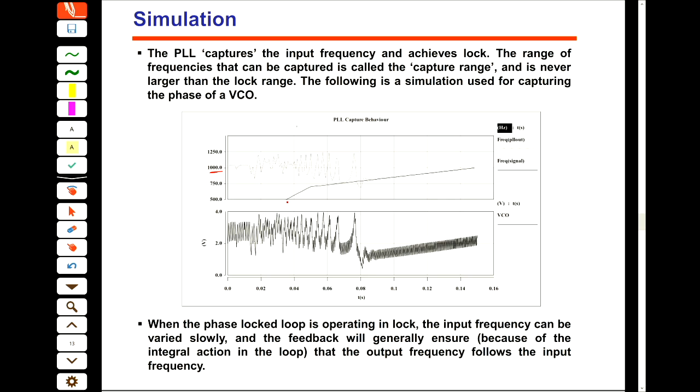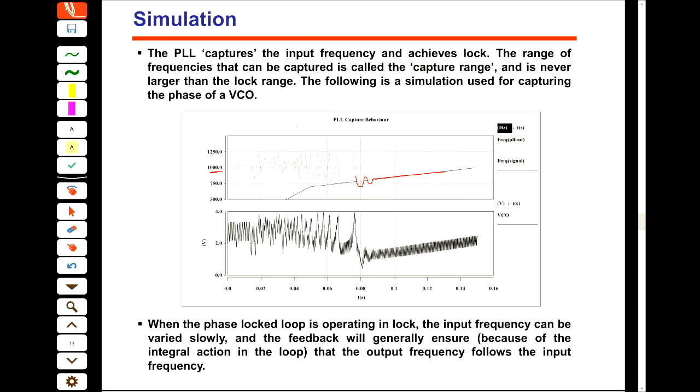So assume that we are generating a signal of 500 hertz, and then this one is far away. And you see that it cannot get locked. I mean, the output frequency is changing. But when we are approaching this, for example, around here, then you see that we get locked.